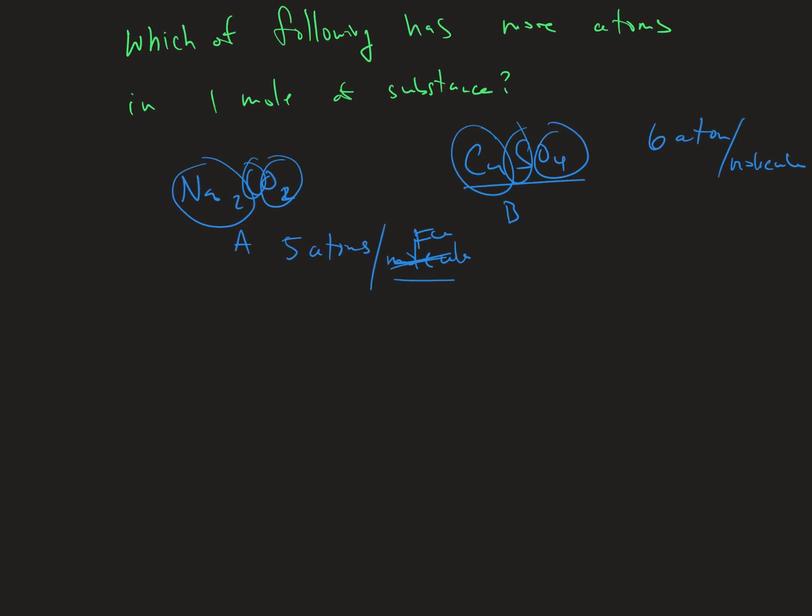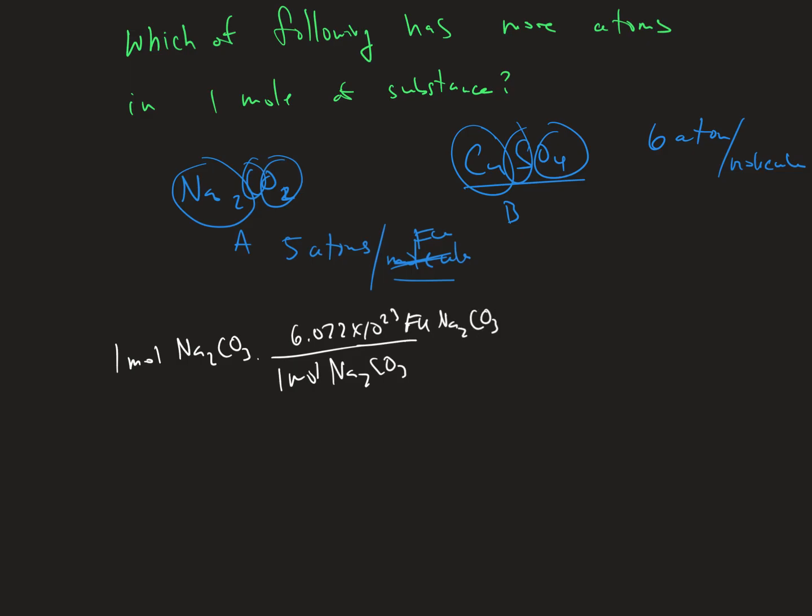Can we use dimensional analysis for the whole thing? Sure. 1 mole of Na2CO3 has 6.022 times 10 to the 23 formula units of Na2CO3.